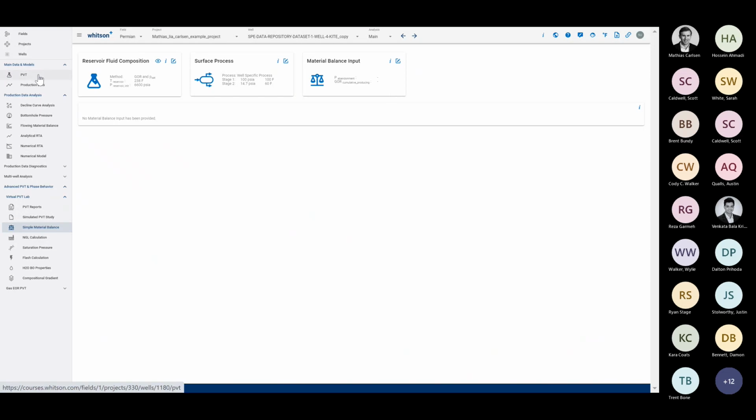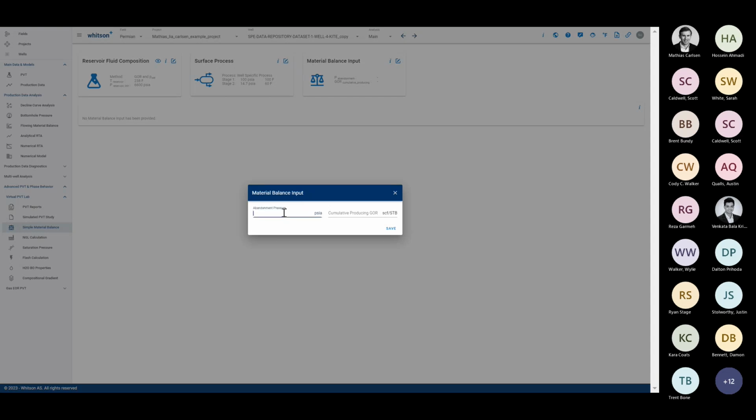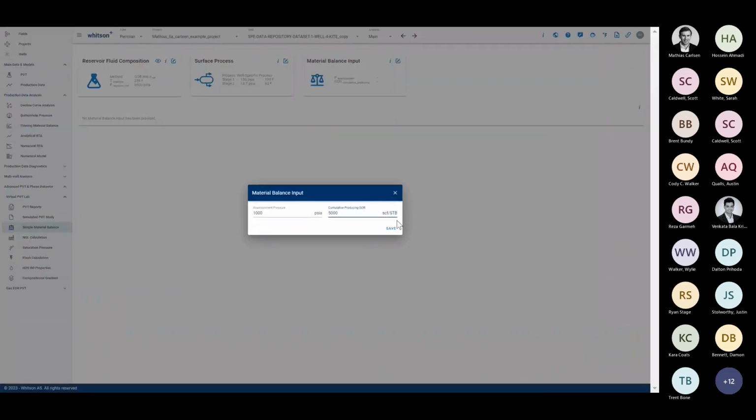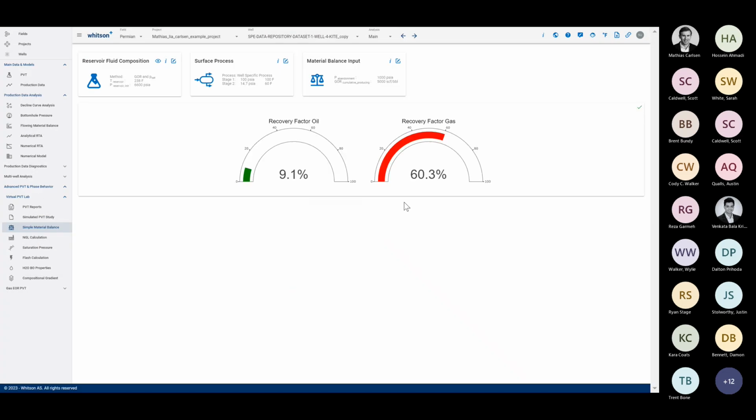So you go all the way to PVT, simple material balance. Here you put in an abandonment pressure of 1,000 and just a cum GOR of 5,000, I think is what I put in. If you do that, the software will run a calculation for you and predict some recovery factors if that's what's true at the end of history for your well.